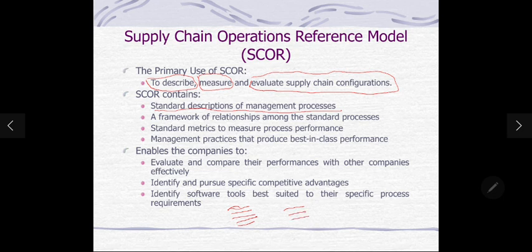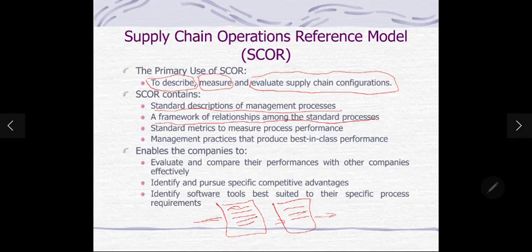So we have description of all of the processes within a supply chain. It gives you a framework of relationships among the standard processes. In other words, after doing the sourcing, what should you do? Before doing the delivery, what should you do? And after doing the delivery, what should you do? So it gives you a complete framework or relationship between them.